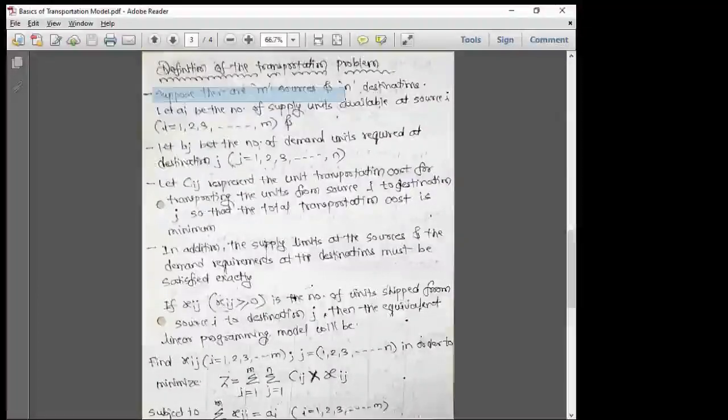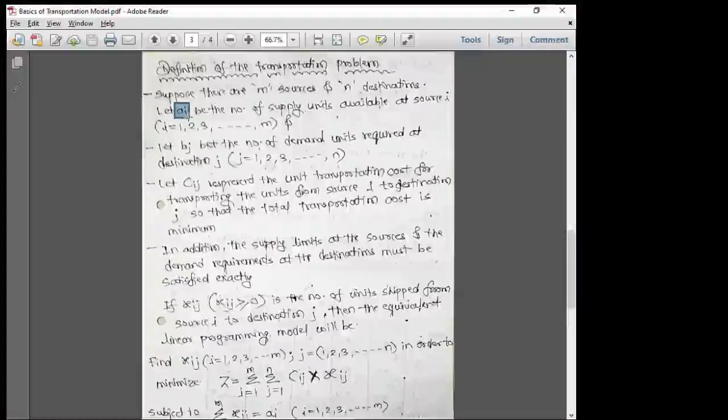Suppose there are m sources, and the number of destinations available is n, right? Let ai be the number of supply units available at source i.